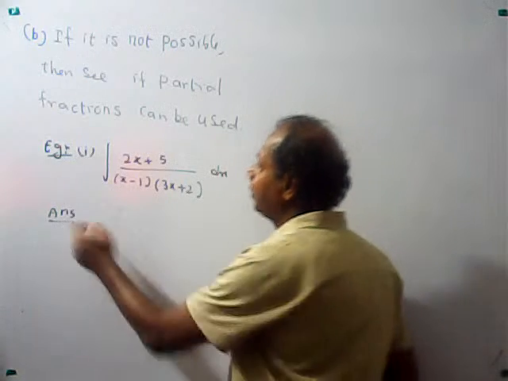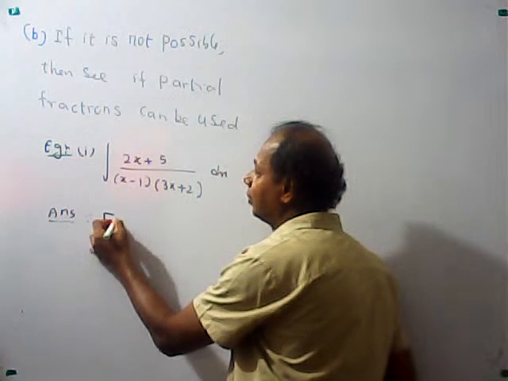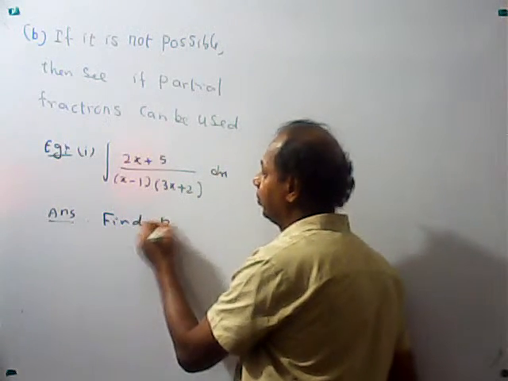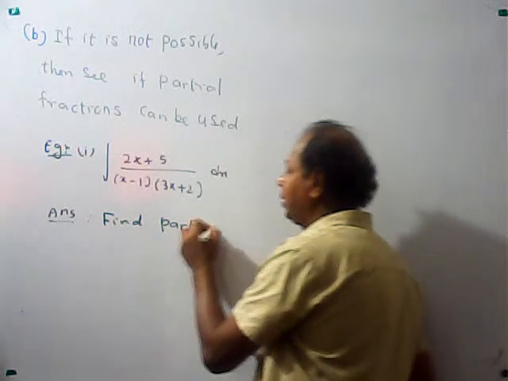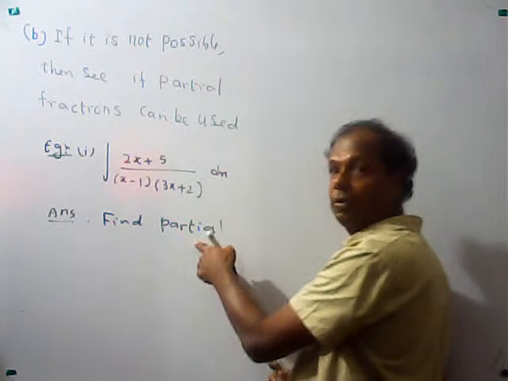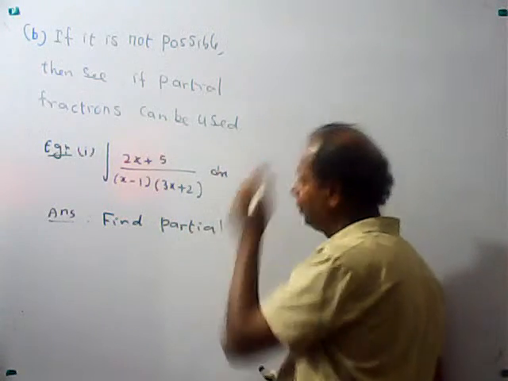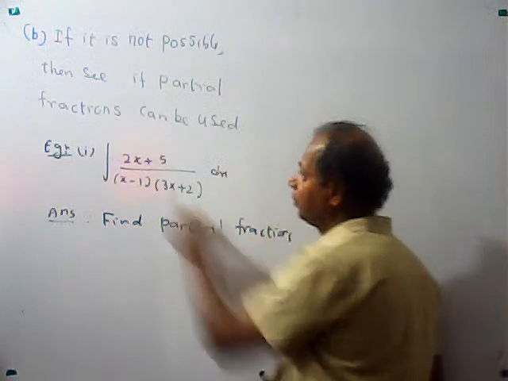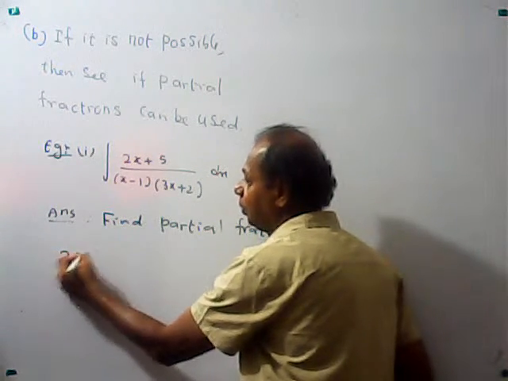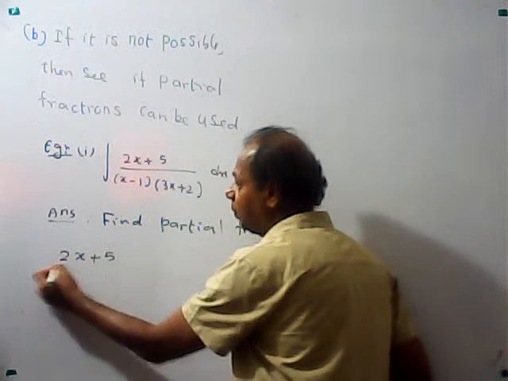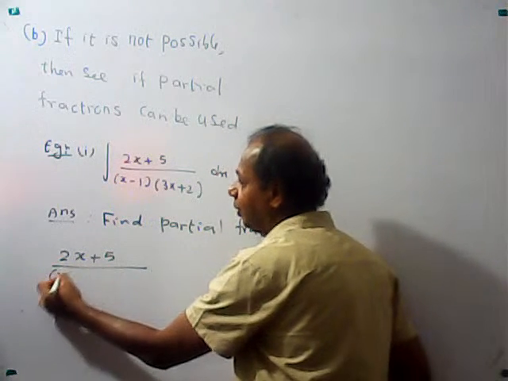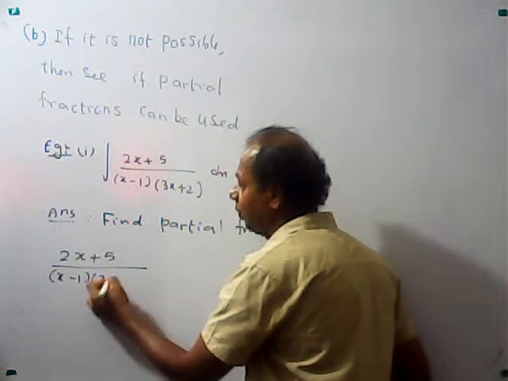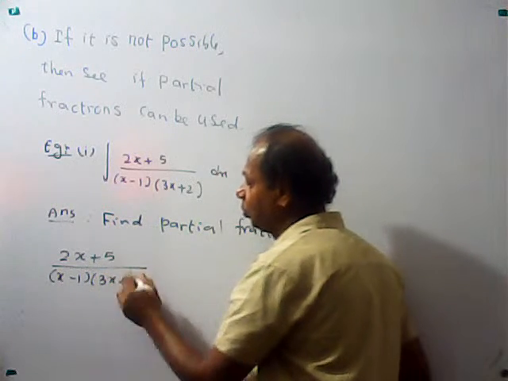So we will find partial fractions first. You get marks separately for finding partial fractions. Find partial fractions of (2x + 5) over (x - 1)(3x + 2).